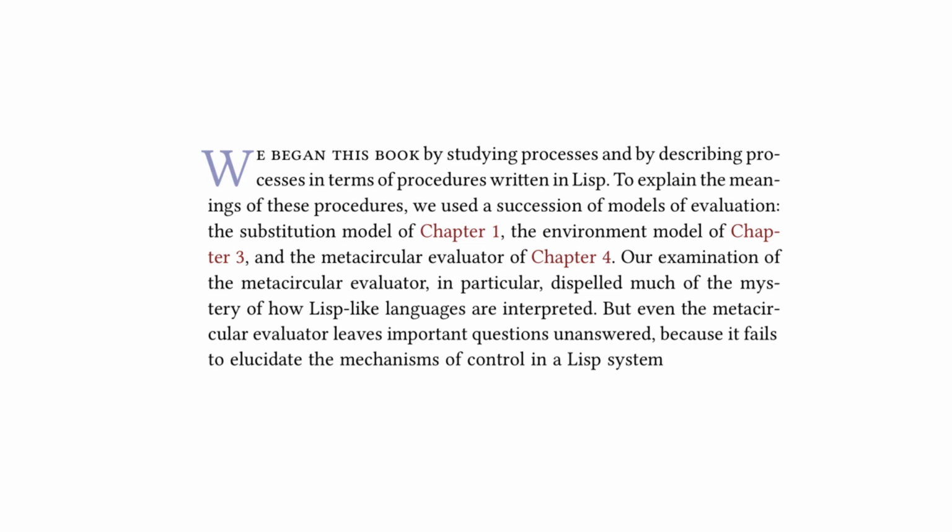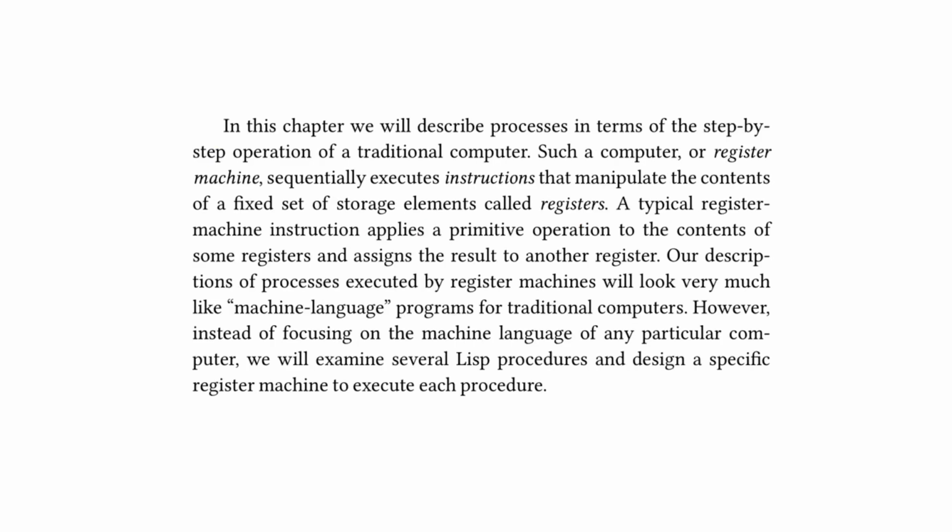Our examination of the metacircular evaluator, in particular, dispelled much of the mystery of how Lisp-like languages are interpreted. But even the metacircular evaluator leaves important questions unanswered because it fails to elucidate the mechanisms of control in a Lisp system.